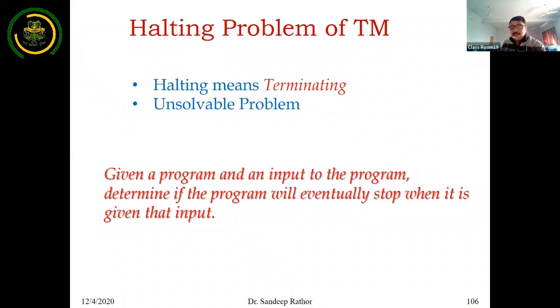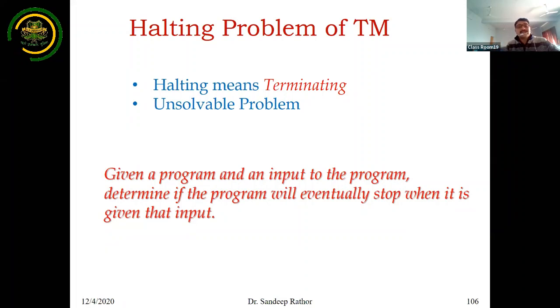As I already told you, if we can give the answer in the form of yes or no, then it is called decidable. But here, the halting problem is undecidable or unsolvable. That means there is some problem in deciding about halting, in deciding the yes or no. So this is the problem: the halting problem is an undecidable problem.